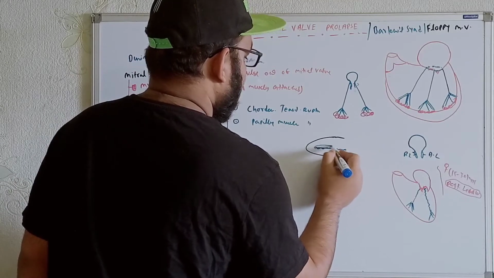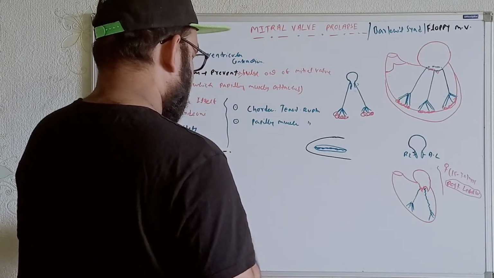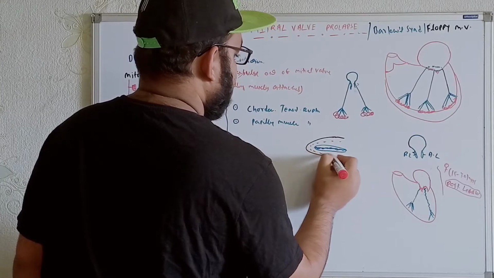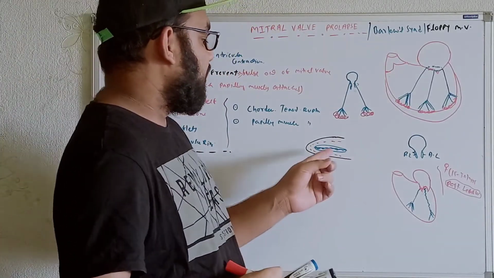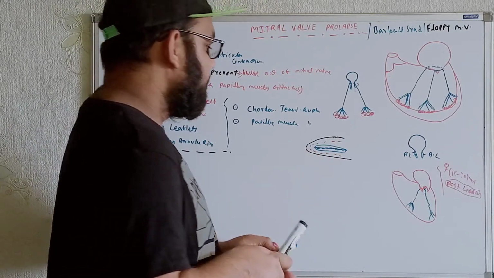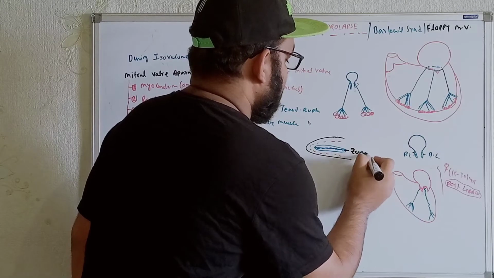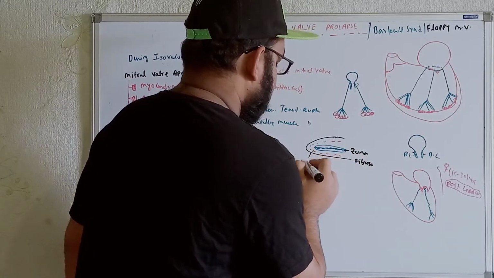We'll get the rings, and within the rings we'll get two types of structures. Within the valve leaflets, the inner structure is known as the zona fibrosa, and the outermost structure is known as the zona spongiosa.